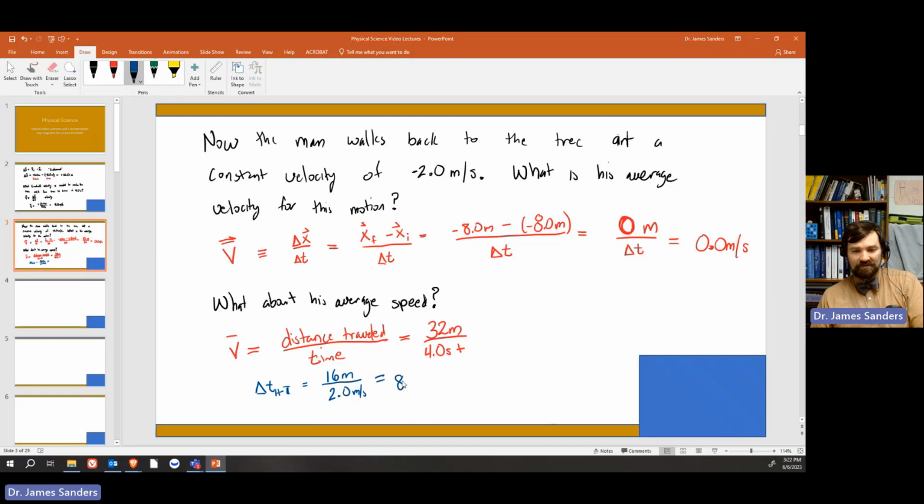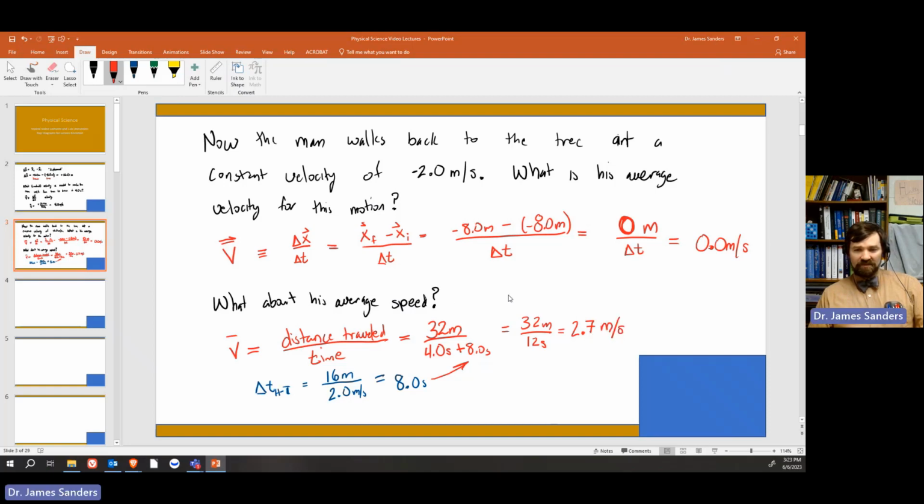So that is 8 seconds. So we have 8 seconds right here. That's 32 meters divided by 12 seconds, and that ends up being 2 2/3. So call it, with two significant figures, maybe 2.7 meters per second.